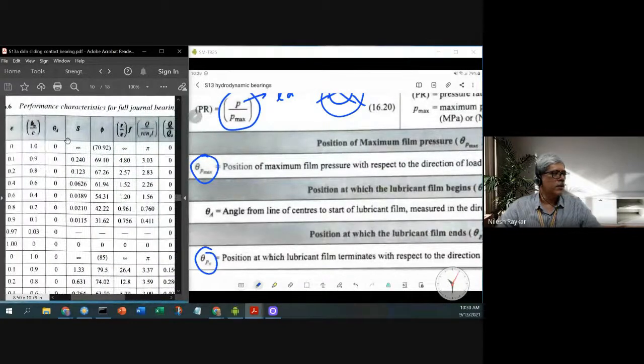It is something I did not discuss at that point. That is the angle from the line of centers to the start of the lubricating film, as explained in the figure. In the design calculations we don't require these particular numbers. They would be required more from the operation point of view, how wide this wedge is and how it varies. For our design calculations, we don't require this set of parameters.